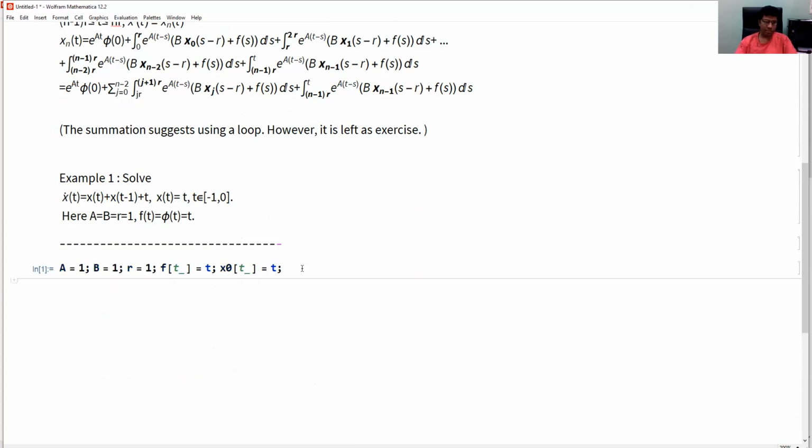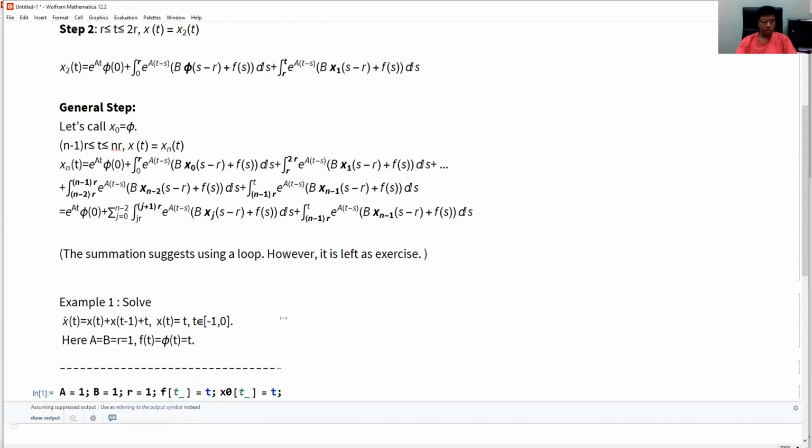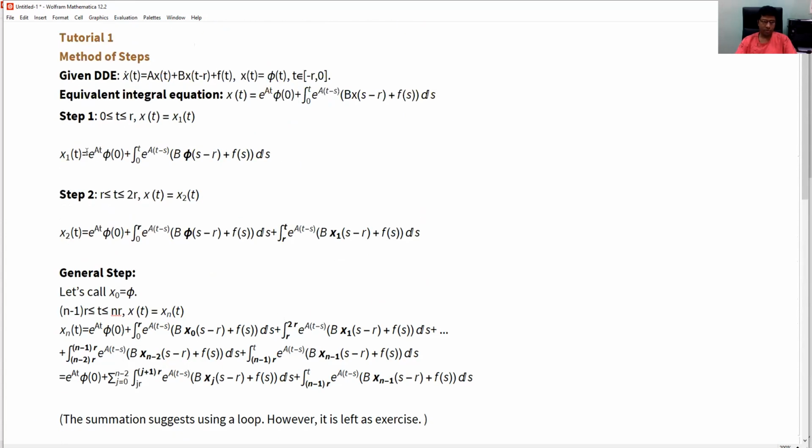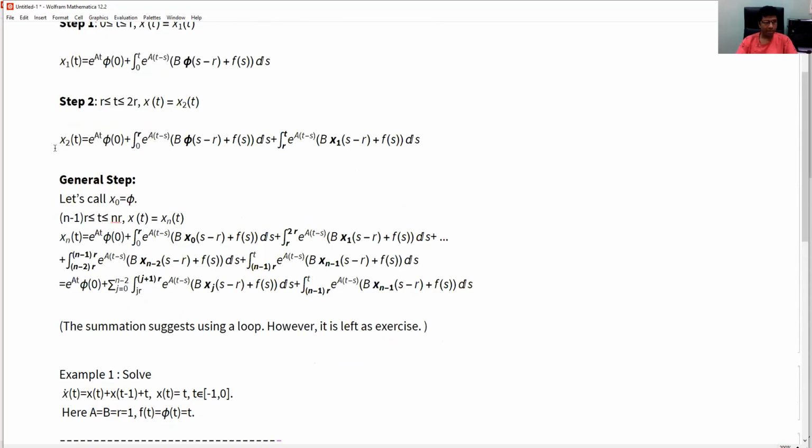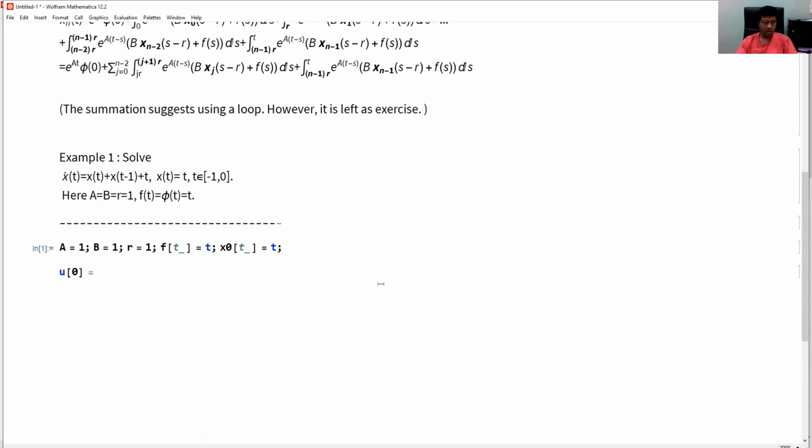Now all these terms are accepted by Mathematica. First we compute this one, then we need this integral. We will call these things u of 0, u of 1, u of 2, u of 3, etc. Any name you can give. Let us call this u of 0, to be e raised to a t into phi of 0.